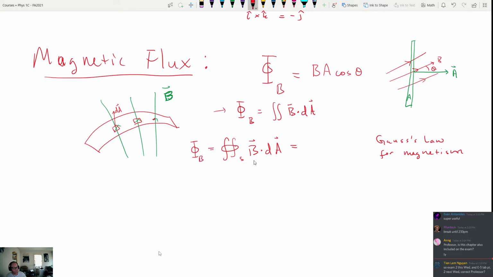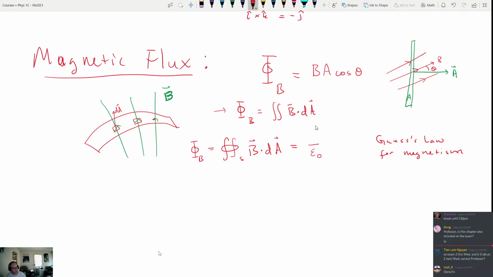If I did the surface integral of the electric field over the entire surface, what was the answer on the right-hand side? It looked like something over epsilon naught, right?